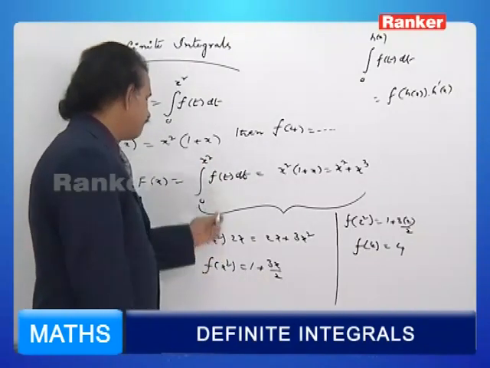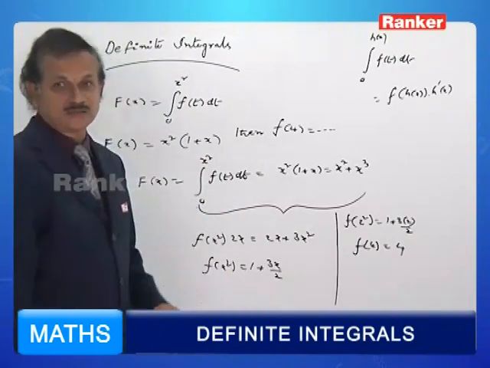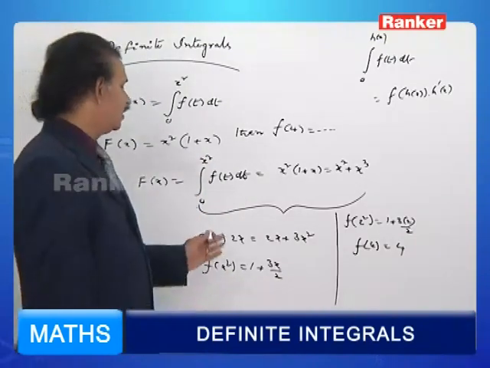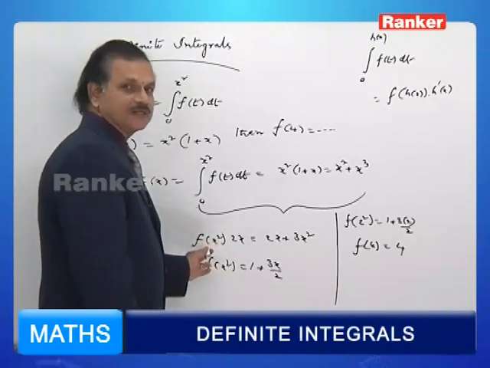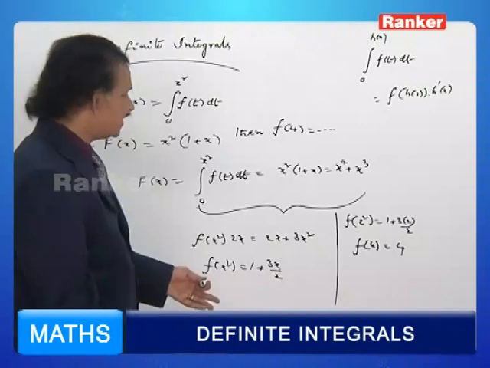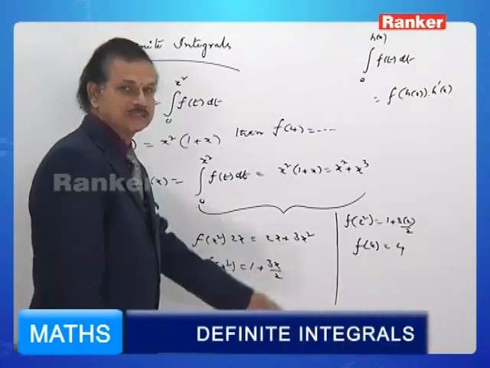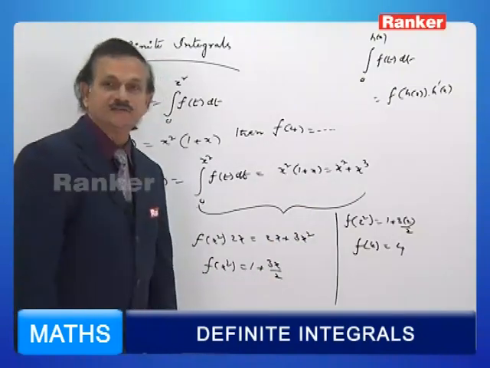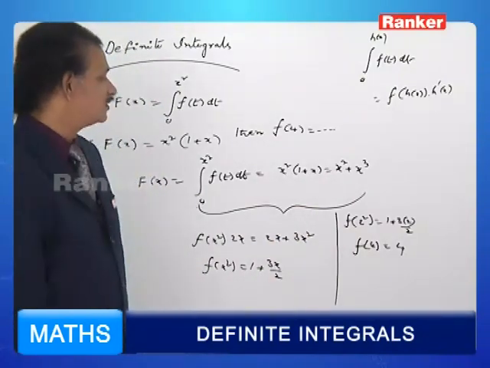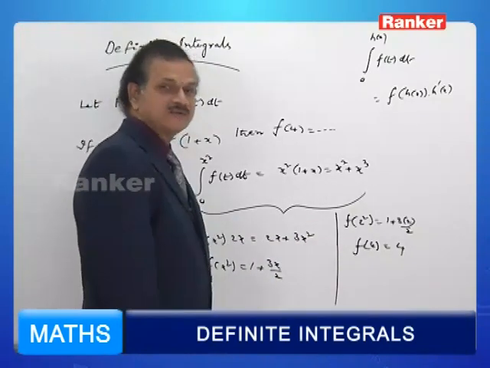Hence, it is f of x square into h dash x. h dash x is nothing but 2x. Hence, we could have had f of x square into 2x is equal to 2x plus 3x square. By cancelling 2x, we will be having f of x square is equal to 1 plus 3x by 2. Thereby, f of 2 square is equal to 1 plus 6 by 2, that is 4. Hence, the answer is 4.